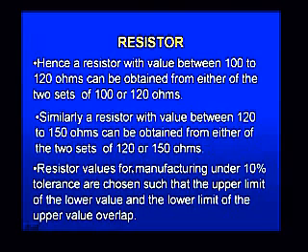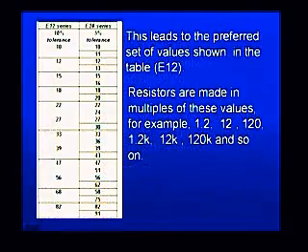So the resistor values for manufacturing under 10% tolerance are chosen such that the upper limit of the lower value and the lower limit of the upper value overlap, so that one need not manufacture the intermediate values of resistance. Now I show you, for example, what values are normally manufactured for 10%: 10 ohms, 12 ohms, 15 ohms, 18, 22, 27, etc. Now this can be in ohms.